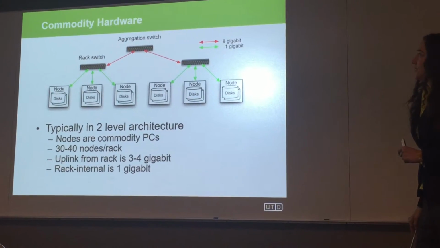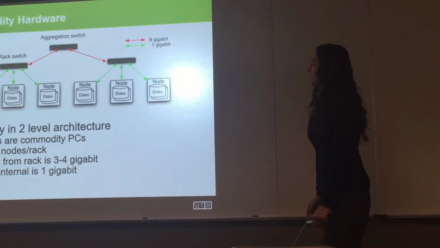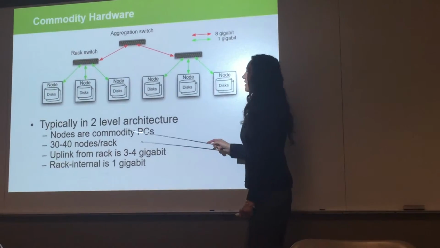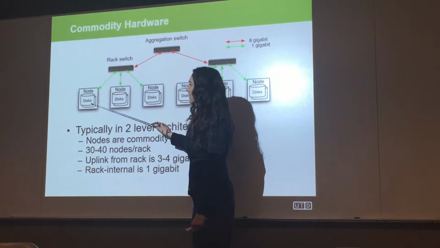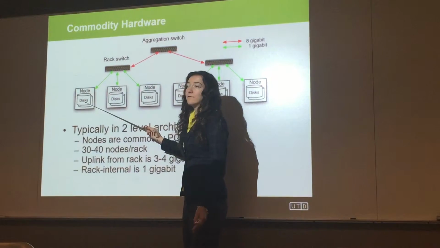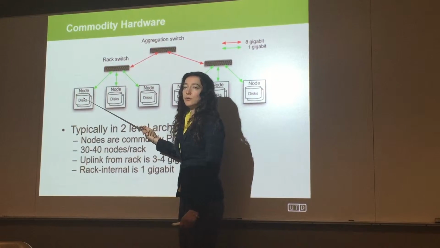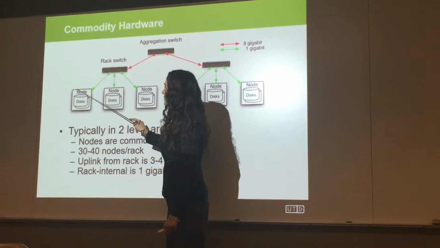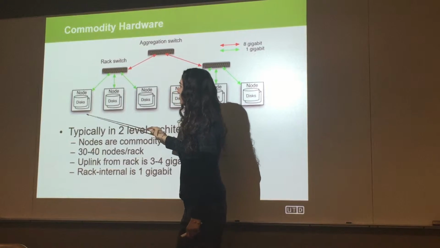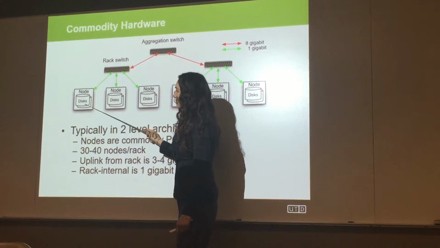As I mentioned earlier, there is a bunch of commodity machines that are inexpensive, everyday personal computers, in a sense PCs, and this is called a node. A node has a number of hard drives, disks.